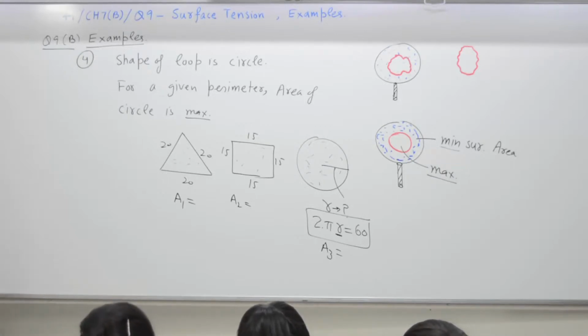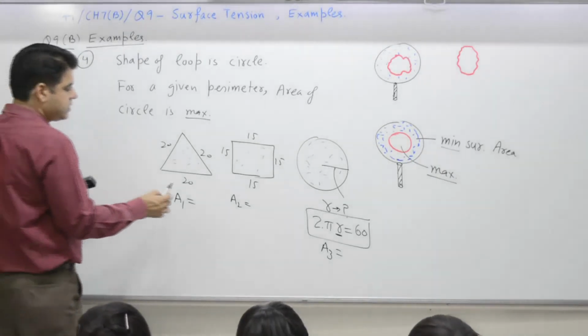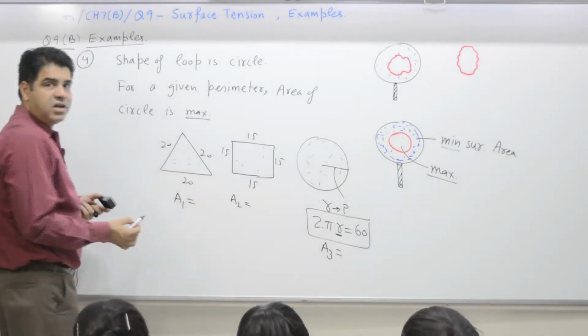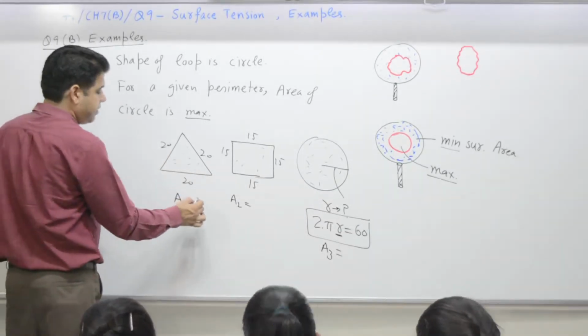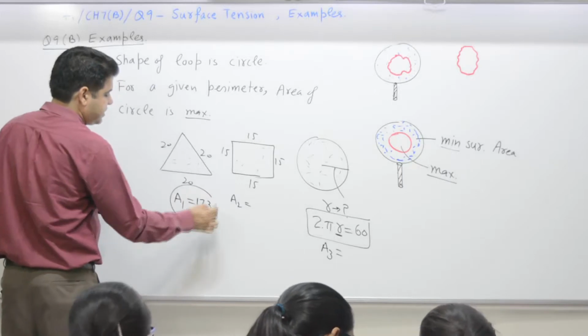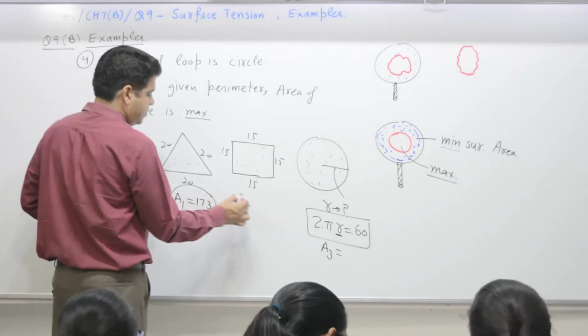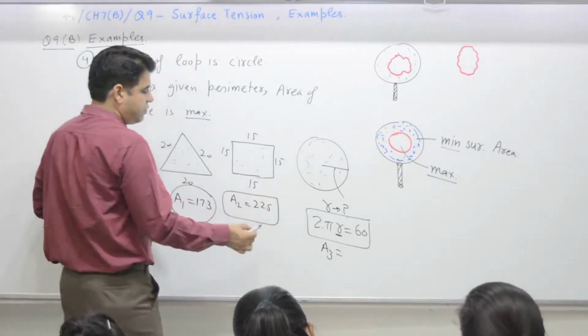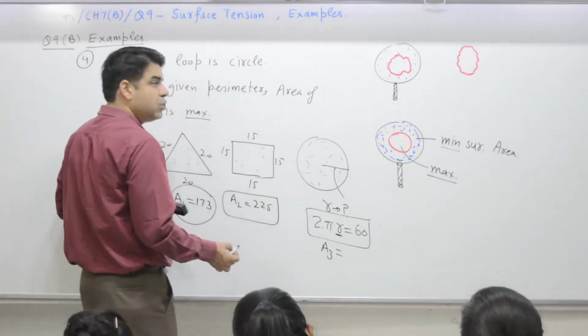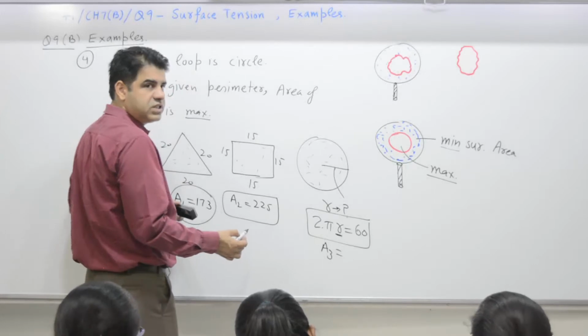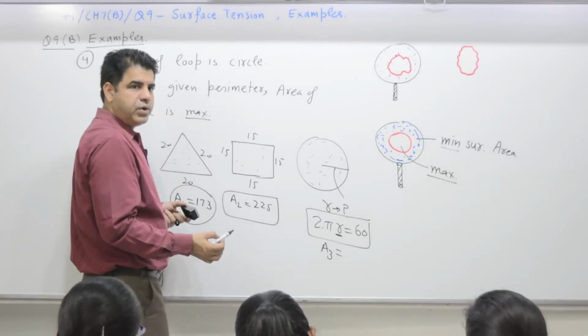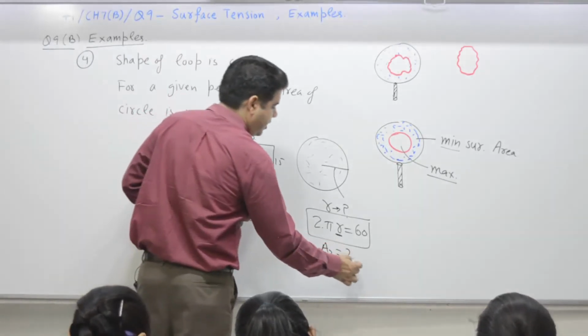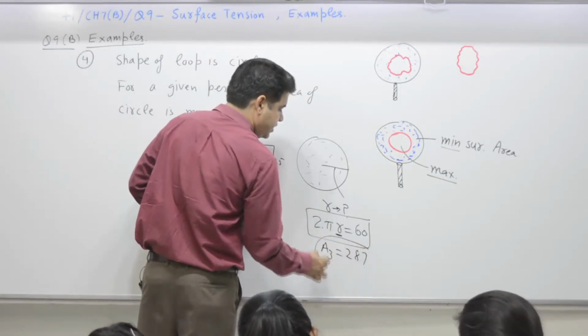Yes, A1 comes out to be what? 173. A1 is 173. A2? 225. 15 into 15. And what about A3? 287. A3 is 287.